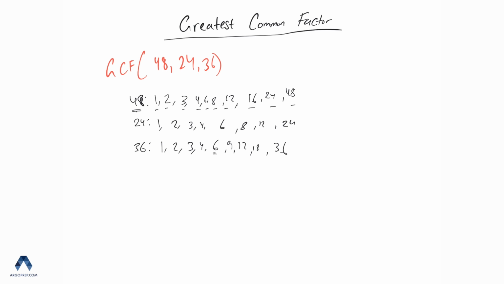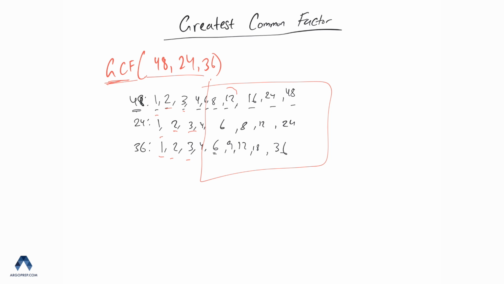So now we're looking for the greatest common factor that will divide evenly. That simply means, what are the common numbers here? Well, I know that 1 is common, but 1 is not the greatest common factor because I also have 2 and 3.